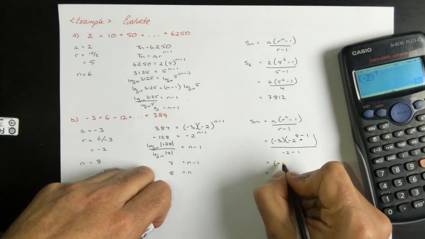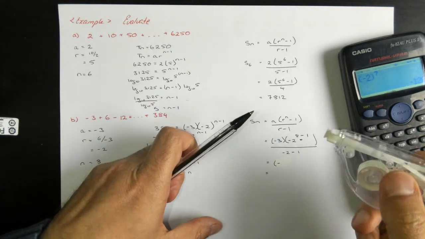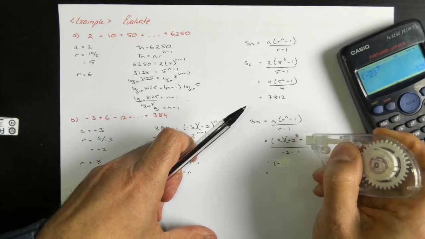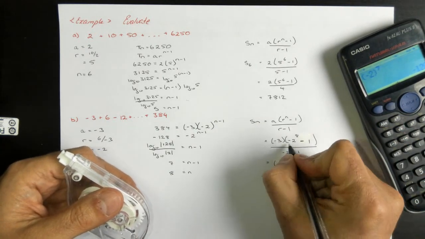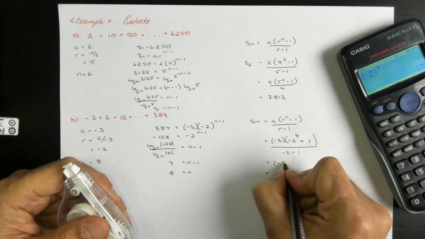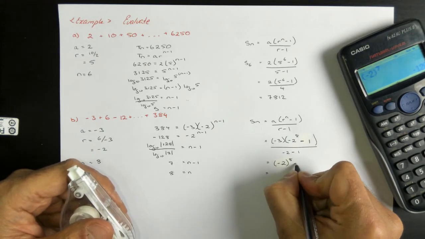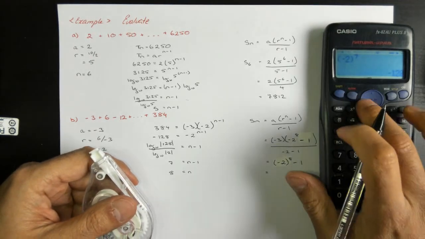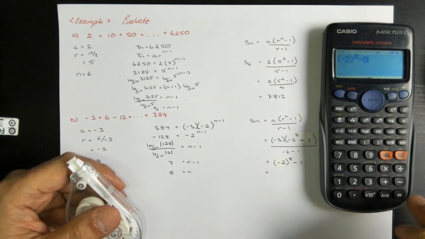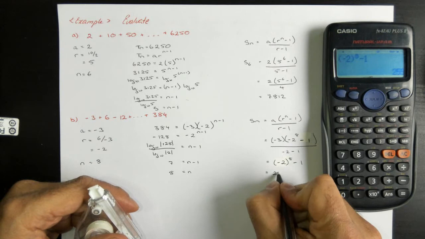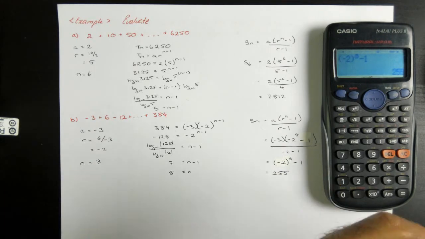That's going to be negative 2 to the power of 8 minus 1, which gives me 255.